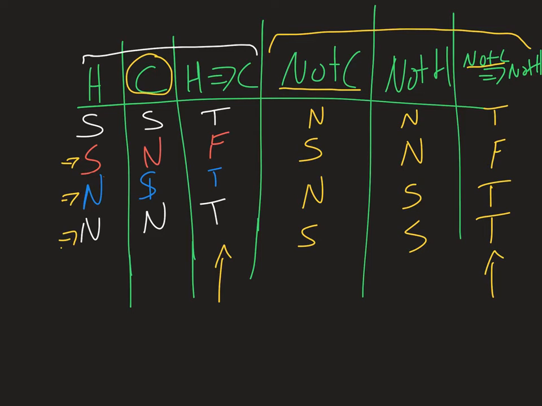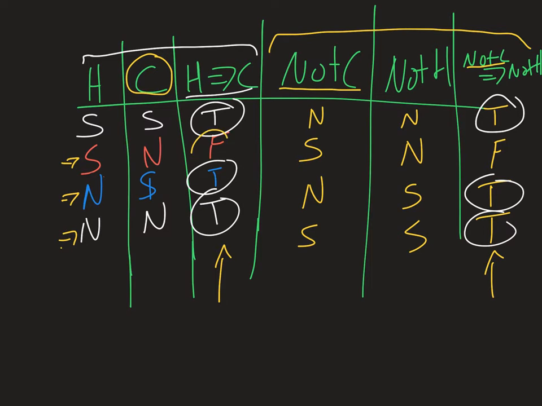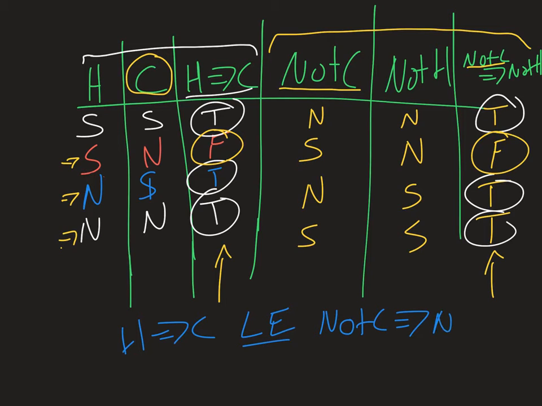So if we just go right down, when H implies C is true, so is not C implies not H. And when it's false, they're false for the same values of H and C. So this would mean that H implies C is logically equivalent to not C implies not H. And that might seem a little weird.